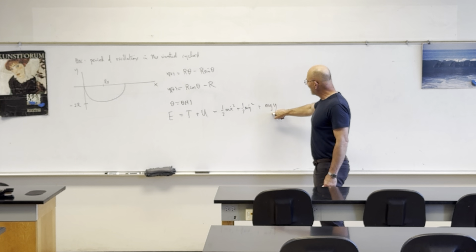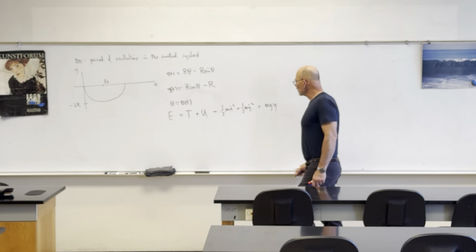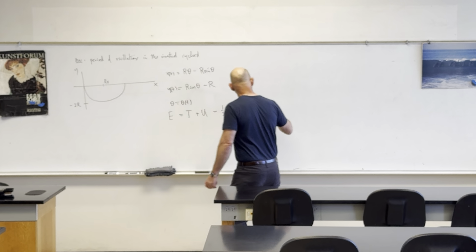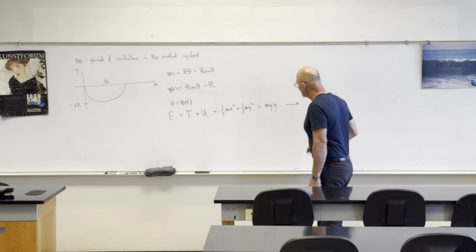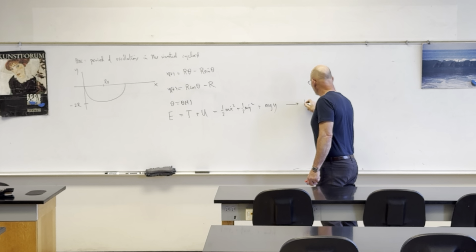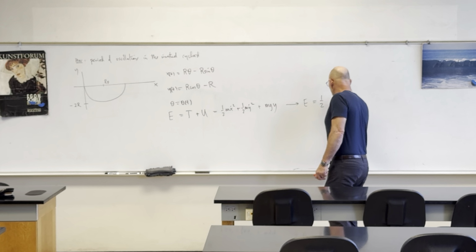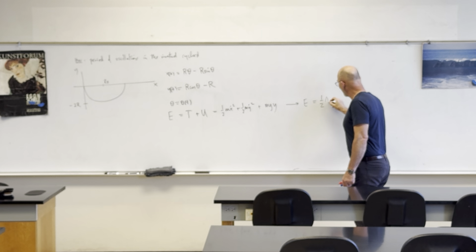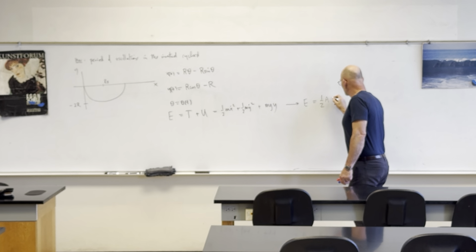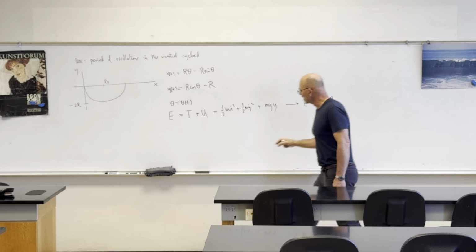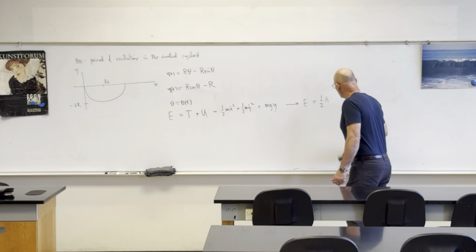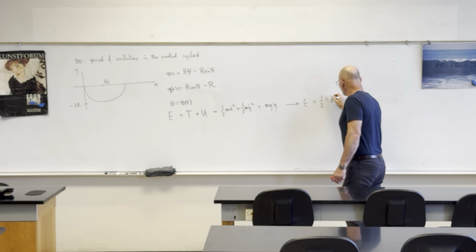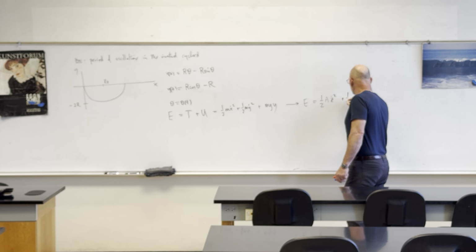You've got the energy, and we want to get it into the form E equals 1/2 a z dot squared plus 1/2 b z squared.